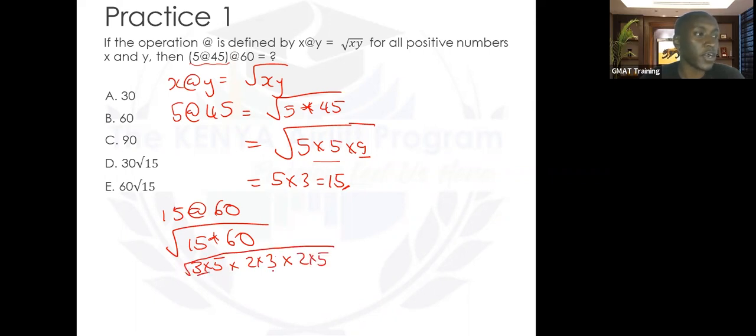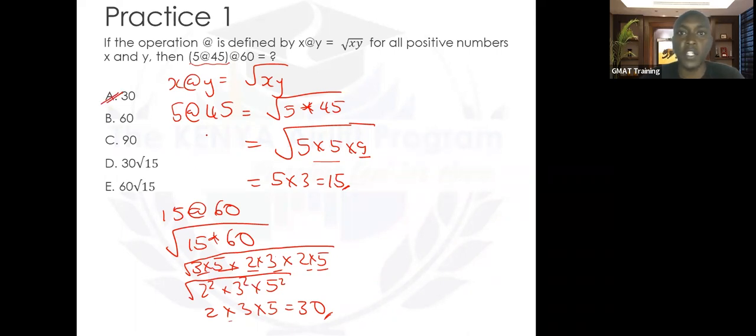Note that we have two 2s, two 3s, and two 5s. So we have 2 squared times 3 squared times 5 squared. The square root equals 2 times 3 times 5, which is 6 times 5, equals 30. And our answer is A.